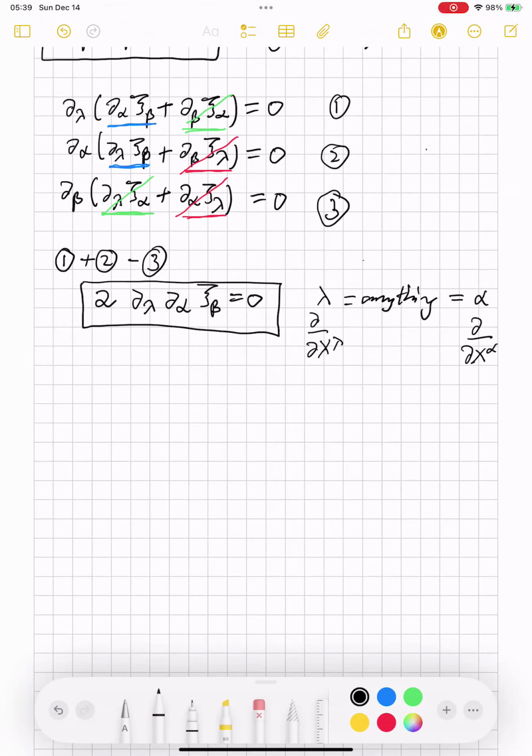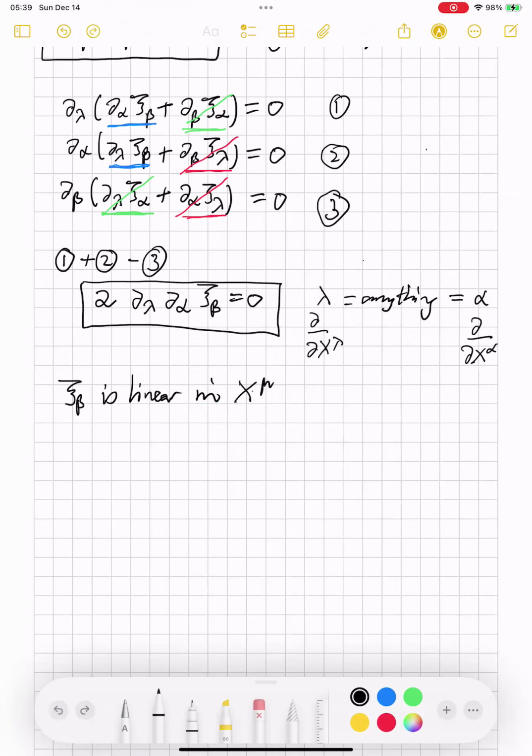So that means if I take any two derivatives with respect to the coordinates, I get 0. So what this boxed equation in black is telling me is that ζ_β is linear in the coordinate.